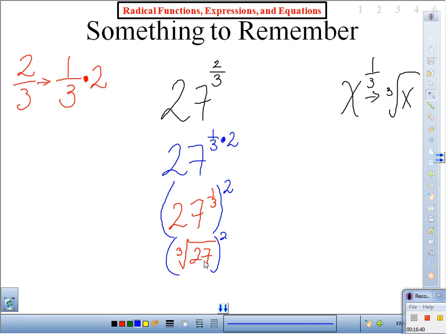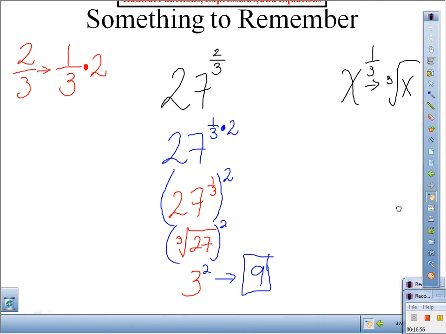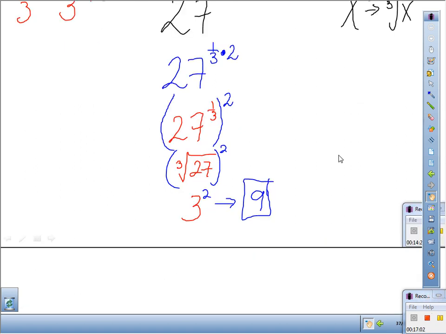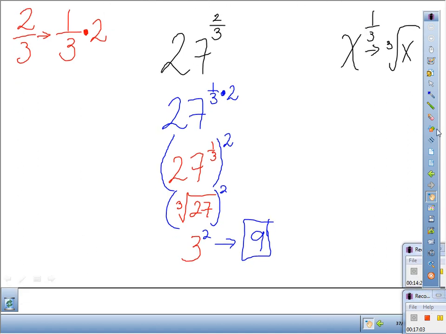What is the cube root of 27? 3. Bring down the 2nd power, and that is 9. Copy that, please. The whole thing? No, just this. Except the something to remember. There you go.